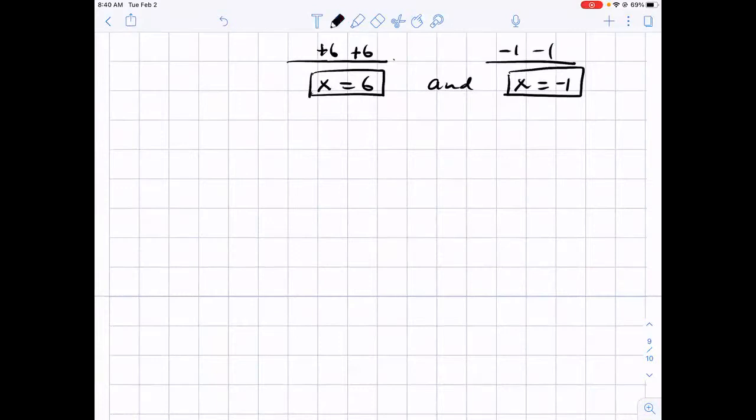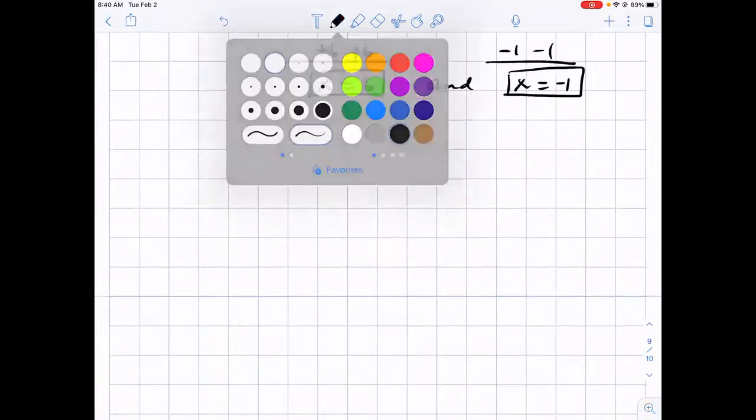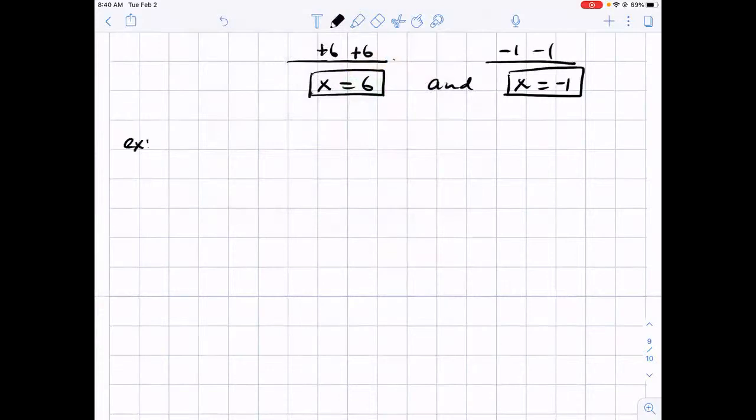If we look at another example, solve x cubed plus 2x squared minus 9x minus 18 equals 0. Now this is not quadratic, okay? This is not quadratic.